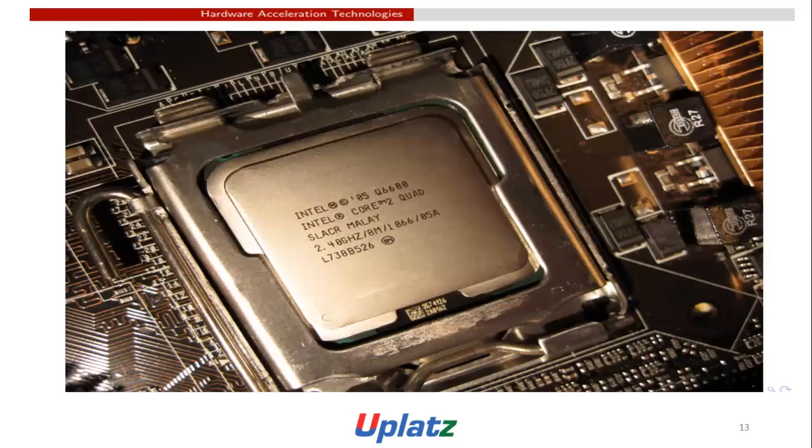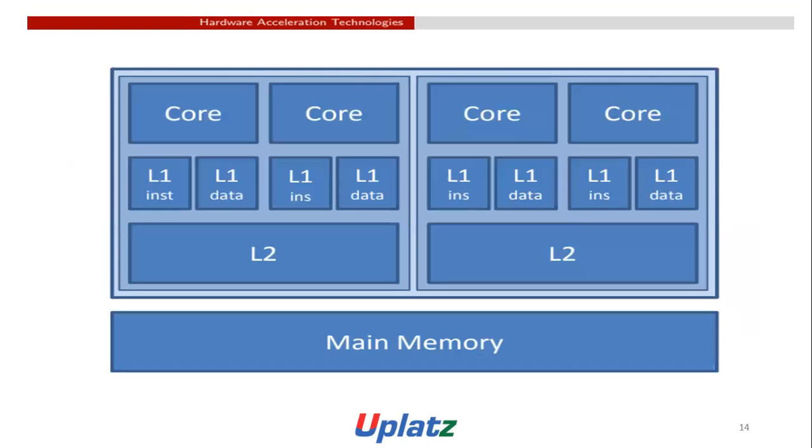Intel Core 2 Duo quad processor diagram is shown here. It has 4 cores, each with an L1 instruction cache and an L1 data cache, and they are integrated through L2 to the main memory.